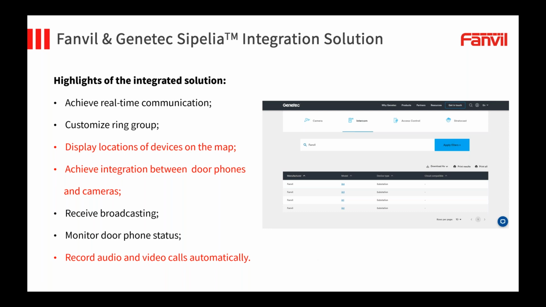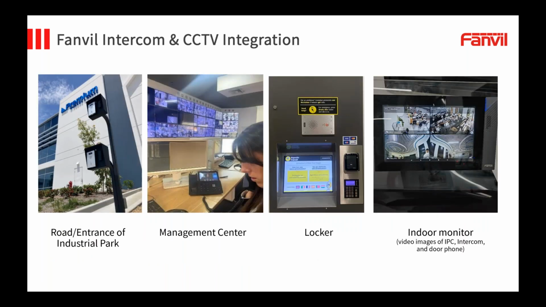And here are the cases for Fanvil devices worldwide. Just like this, our outdoor video intercom I60SV can be applied to a road and the entrance of an industrial park.